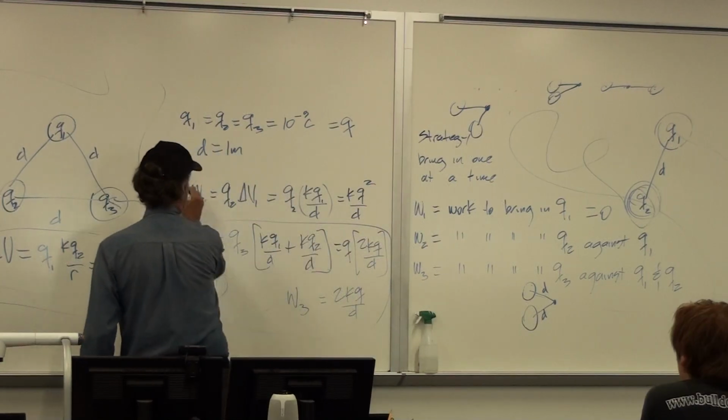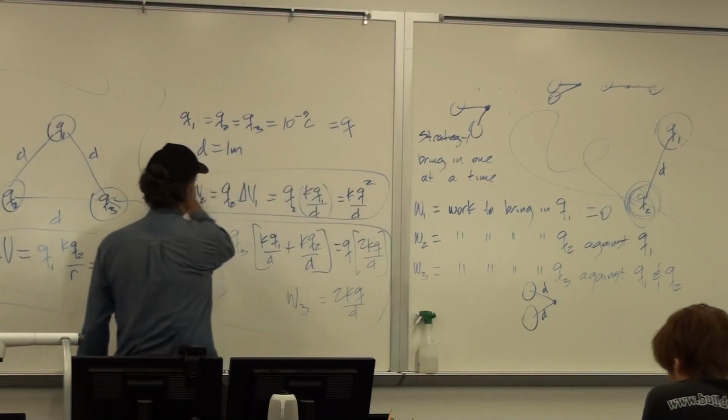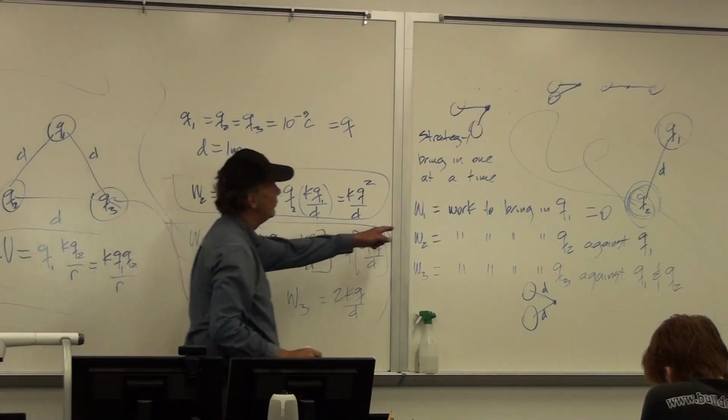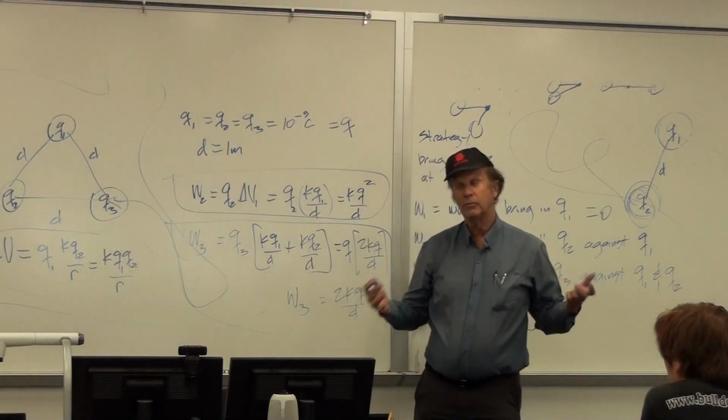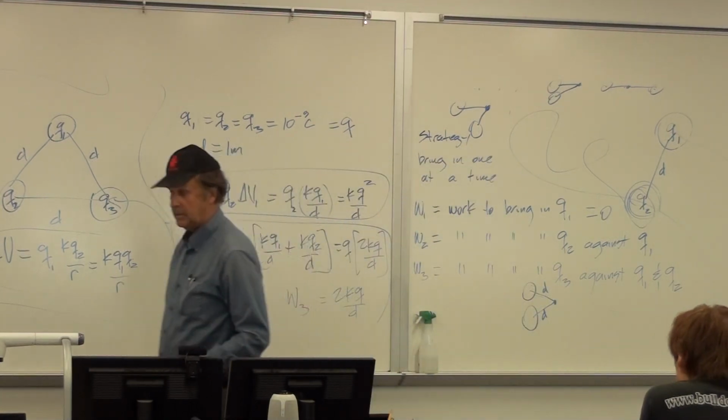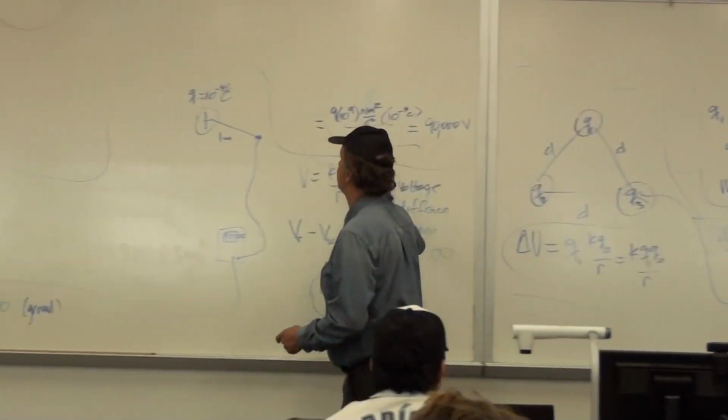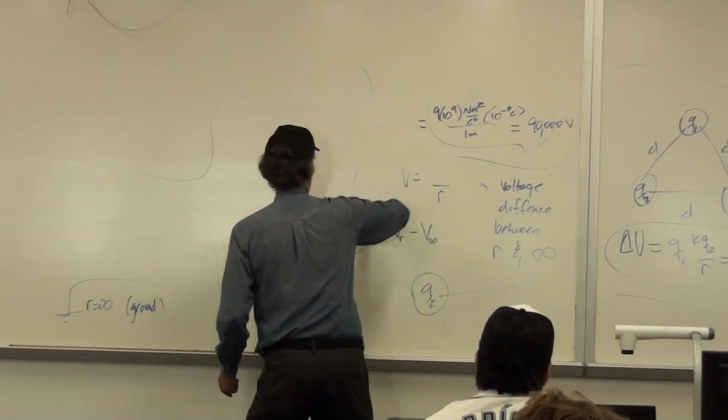So this is my W3 calculation. This is my W2 calculation. And my W1 calculation, I got the first one for free. So remember that work is a scalar quantity. We add them together, like numbers, no components.